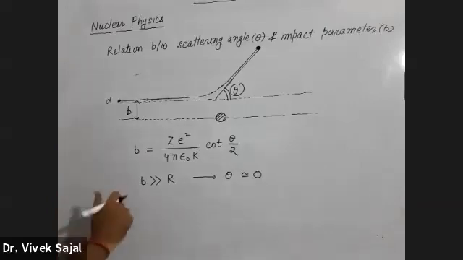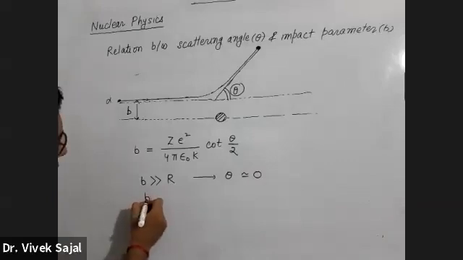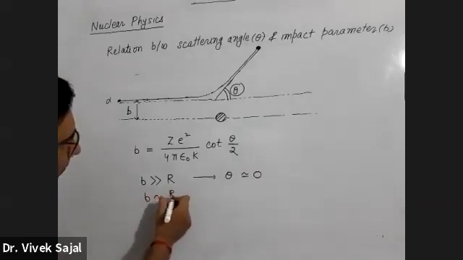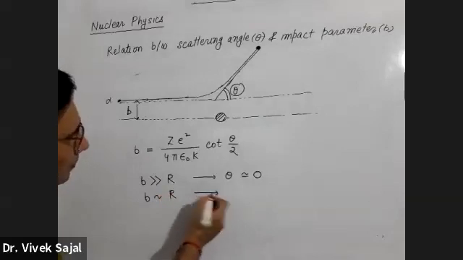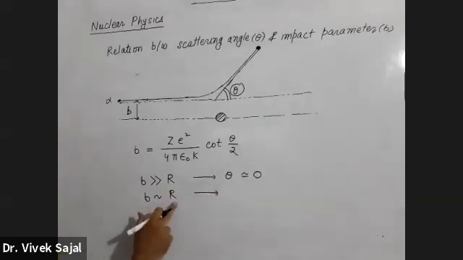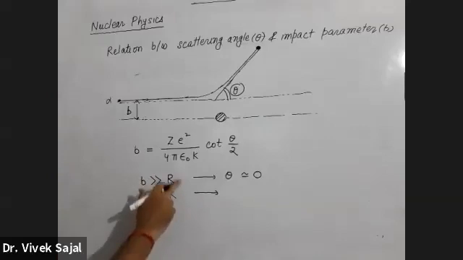Second point is when B is of the order of R. R is of the order of 10 to the minus 15 meter.